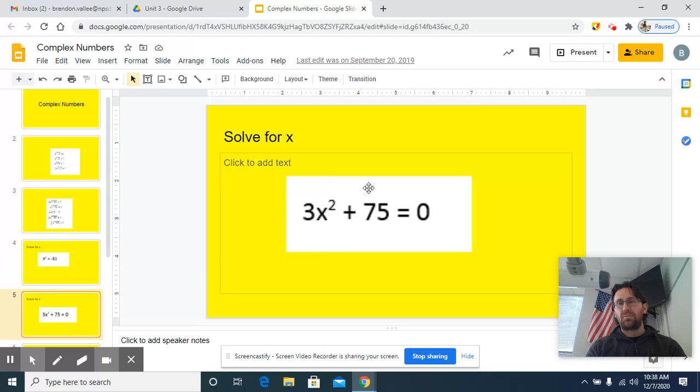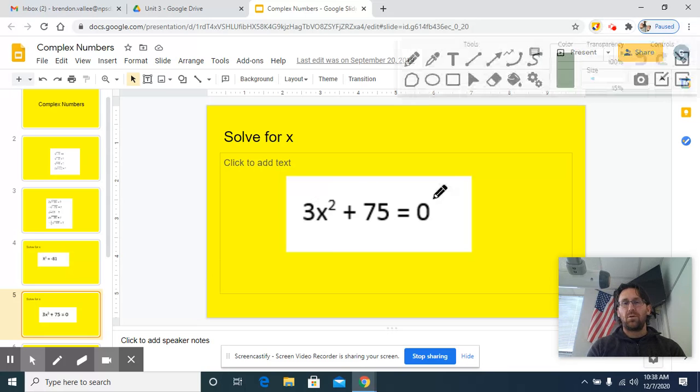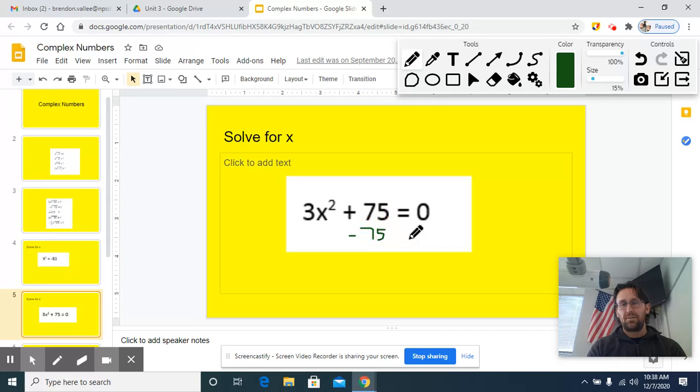And this comes in handy when we're solving equations. So I would subtract 75 from both sides, -75, -75. That gives me 3x squared equals -75. Divide by 3. x squared equals -25.